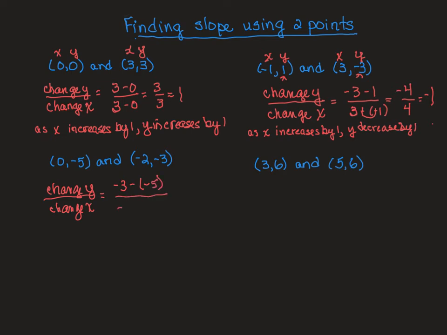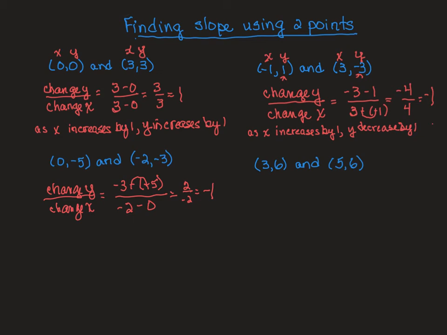And I'm going to have -2 minus 0. Okay, I'm taking away a negative. So -3 plus 5 is going to be 2. And -2, take away nothing, is still -2. And 2 divided by -2 is -1. Okay, so that has the same slope as the previous one. As x increases by 1, y is going to decrease by 1.